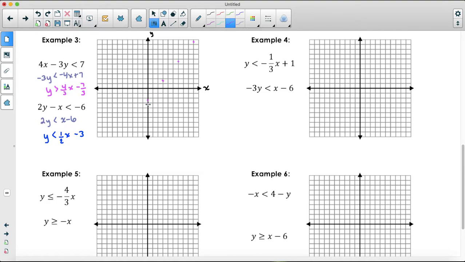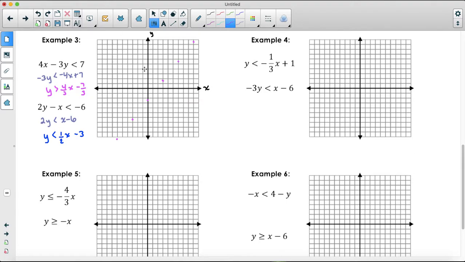So 1, 2, 3, 4, 1, 2, 3. I can go a little off of the graph just so I can have another point.